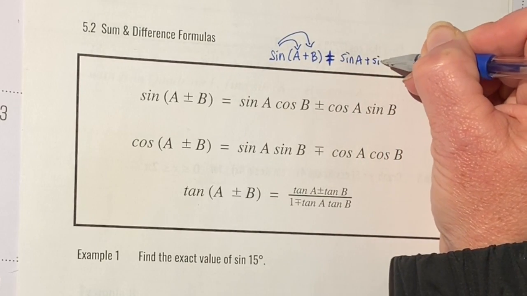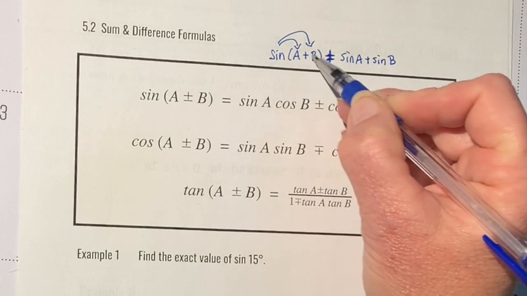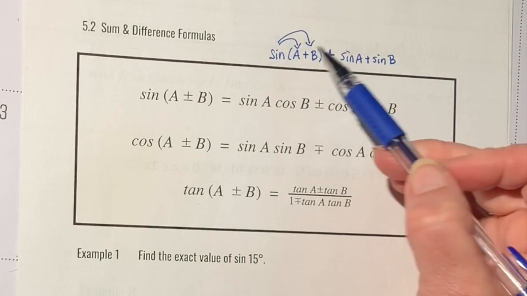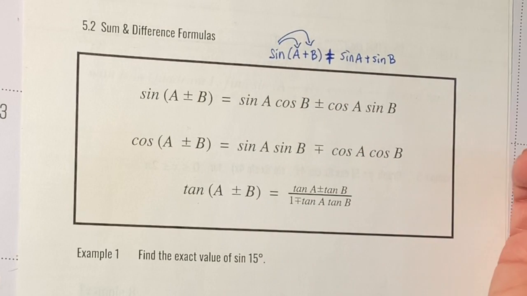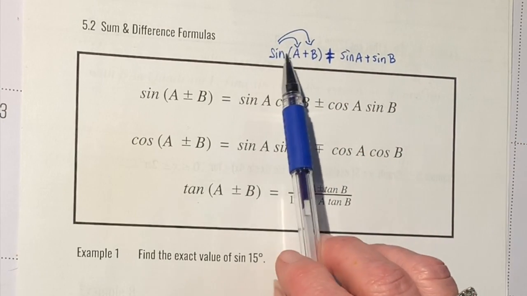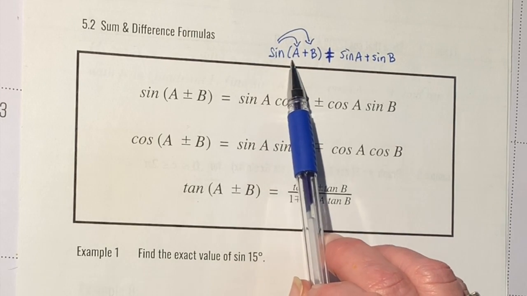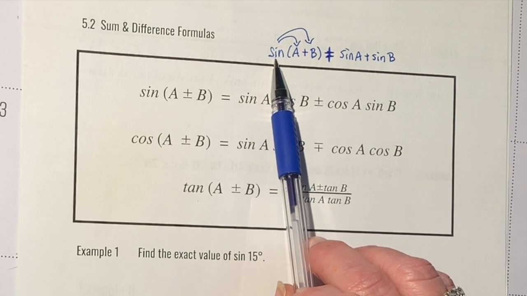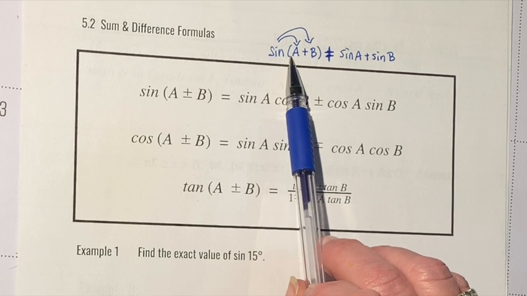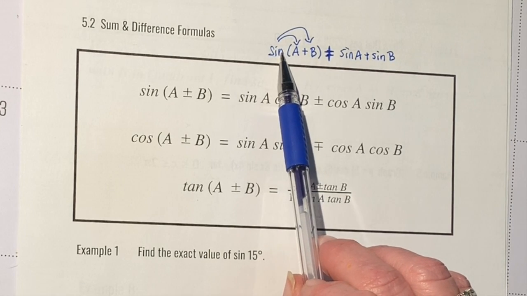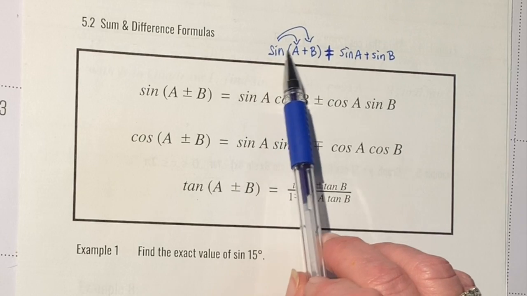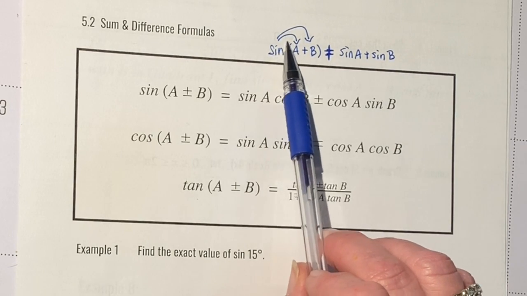Because it looks like a distributive problem, and that would be a common mistake that someone might make. But we're not multiplying sine by this. Remember, you're taking the sine of the angle. So the sine is relating the size of the angle to the length of the opposite side compared to the hypotenuse. Basically, that's what it is. So sine doesn't make sense without an angle following it.